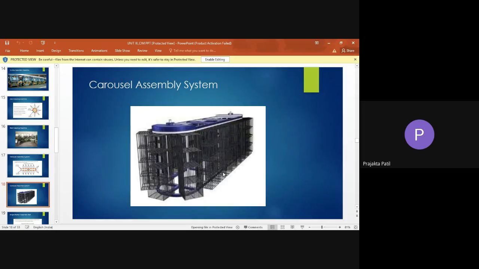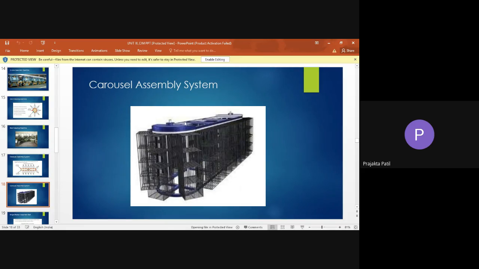What you see here is not an assembly system, of course. This is a storage system. You see these racks and all. But this is how a carousel configuration looks. This is not at all an assembly station. This is a storage station. You can see all these boxes, these rack kind of things, where you are going to store the parts.